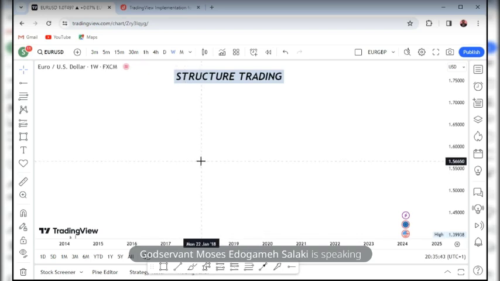But the easiest way to approach Forex trading is to trade structure. Structure trading is the best form. This is my opinion. I might not be correct. It might not be 100%, but in my opinion, structure trading is the best way to approach the chart.